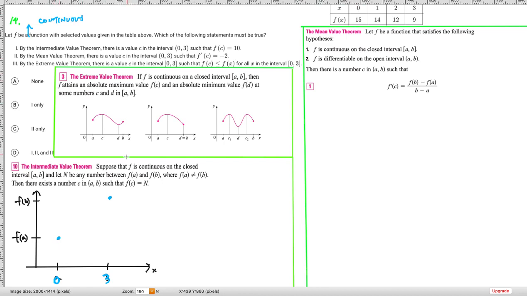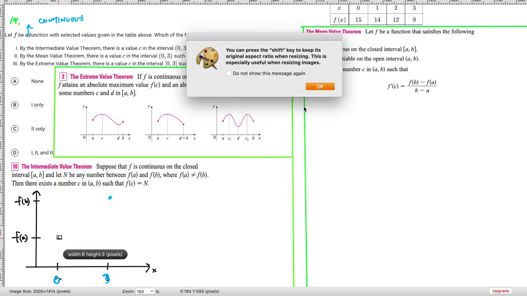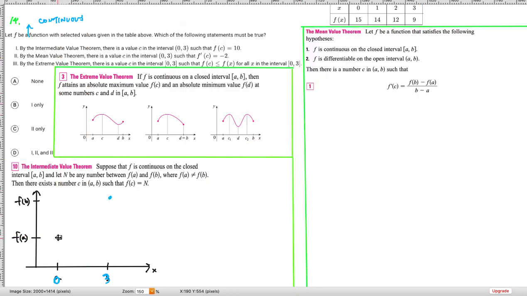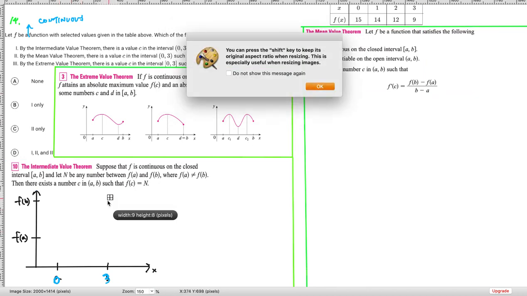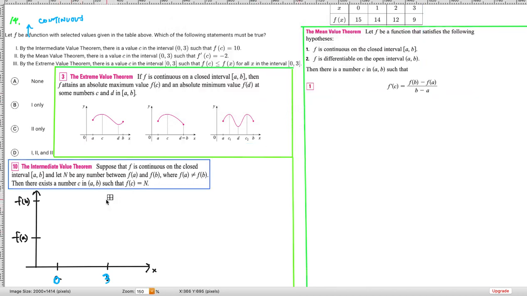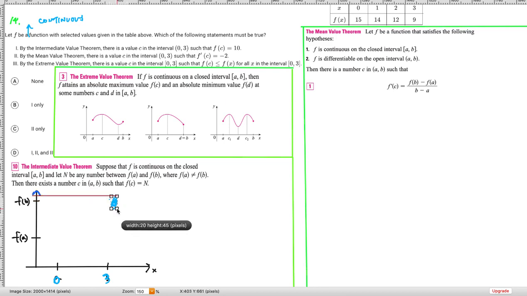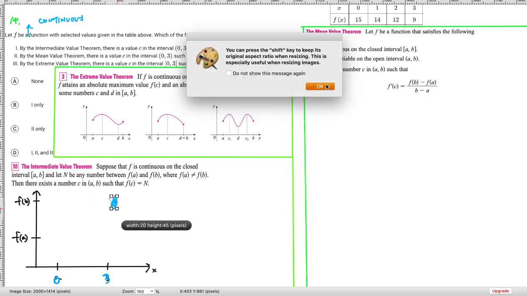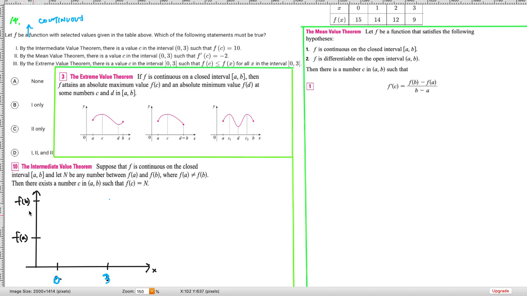So let's try and get these things out of here. Okay, there we go. So f of 0 is 15.